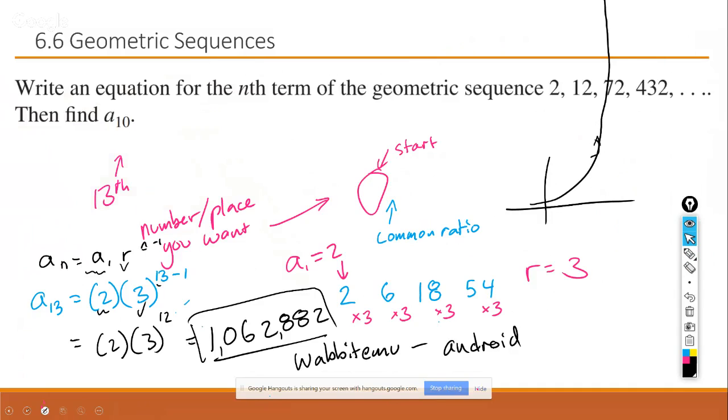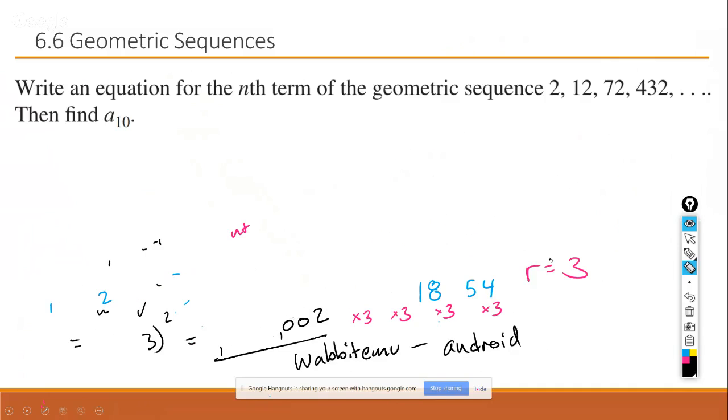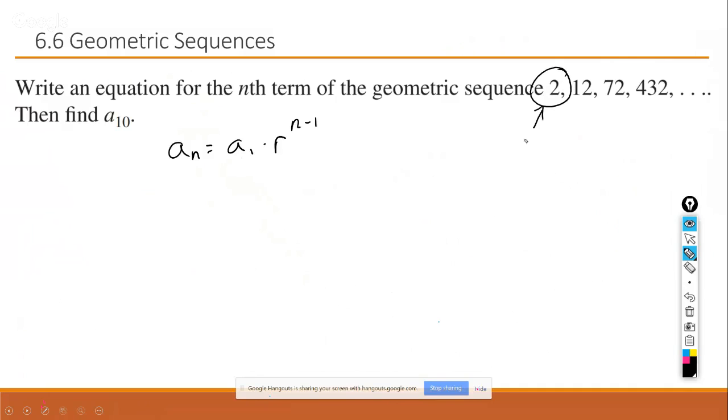All right. And then here is another example. Write an equation for the nth term of the geometric sequence 2, 12, 72, and 400. So what I need first is my formula, which is a_n equals a1 times r to the n minus 1. So I need a1, that's easy, that's the first term, 2. And then r is what I multiply by. So it looks like it's times 6 times 6 times 6. So r equals 6.